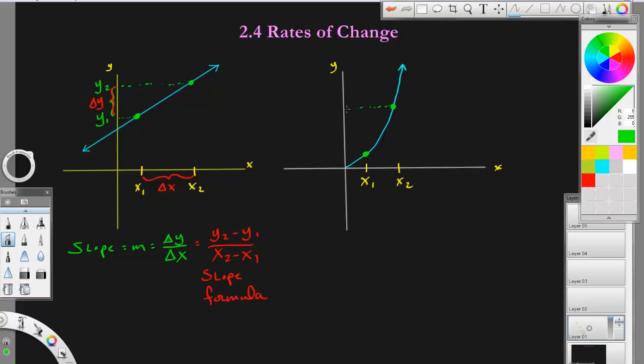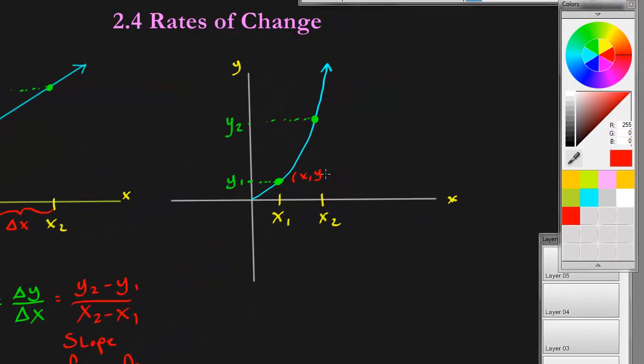And these will come over to our y values, which we'll call y1 and y2. So the coordinates of these points would be simply x1, y1, and this would be x2, y2.